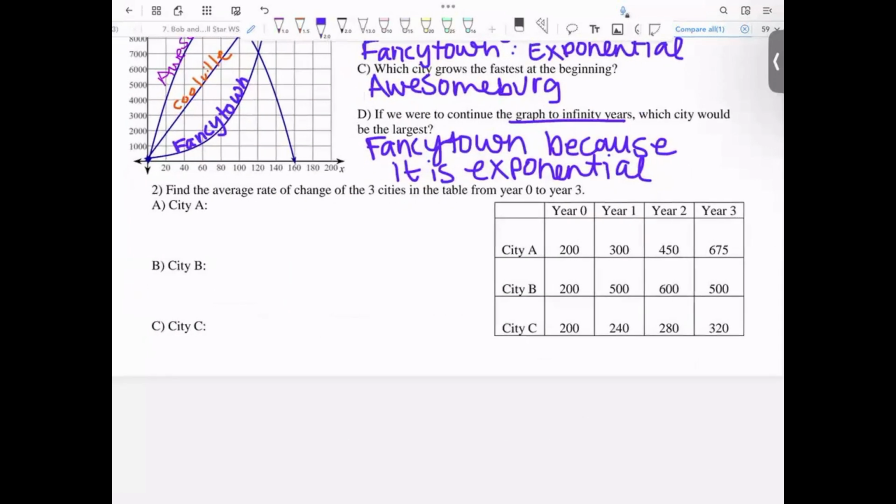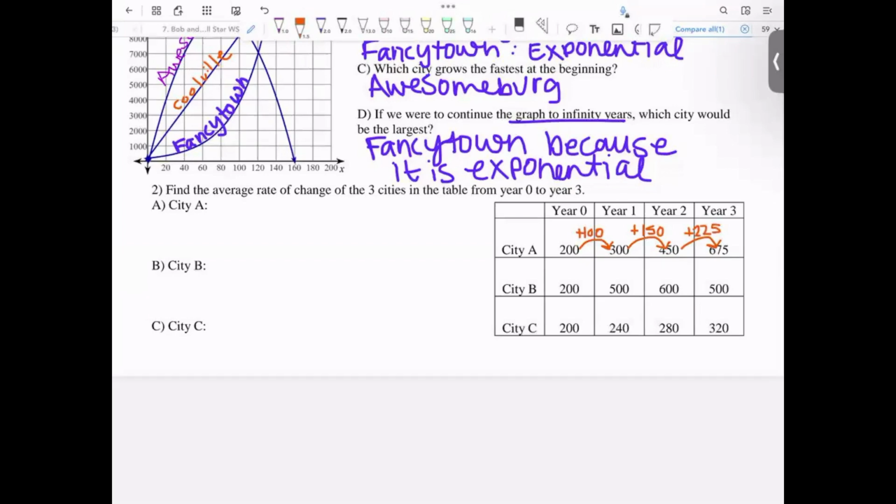Okay, so on number 2, we're going to find the average rate of change of the 3 cities in the table from year 0 to year 3. So average rate of change, you can do this a couple ways. We can see what we're adding each year. And then find the average of that. So in this one, we added 100. And then we added 150. And then we added 225.